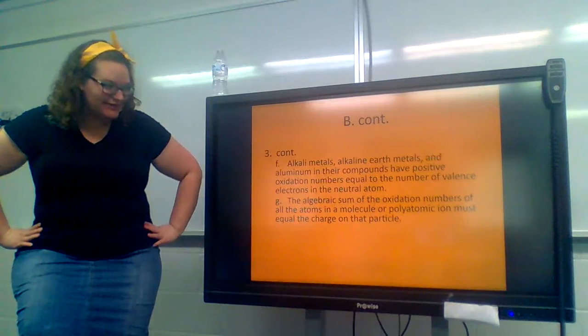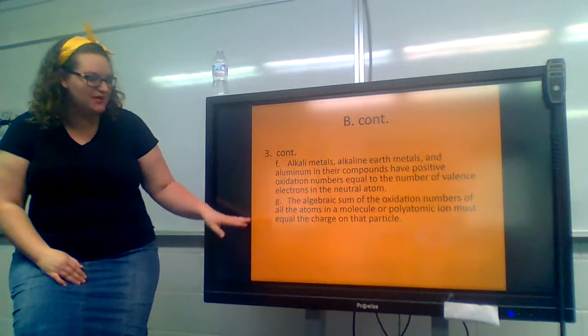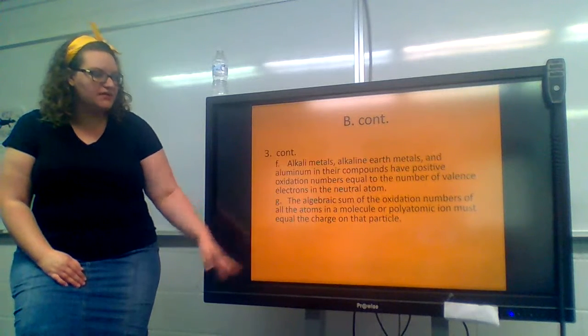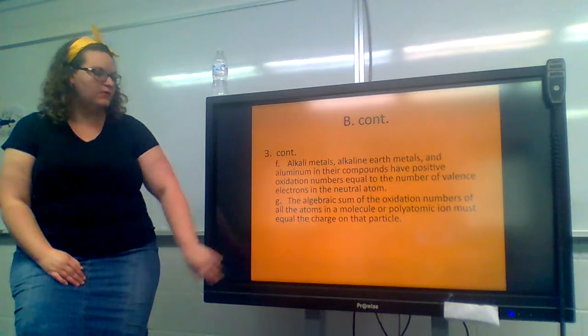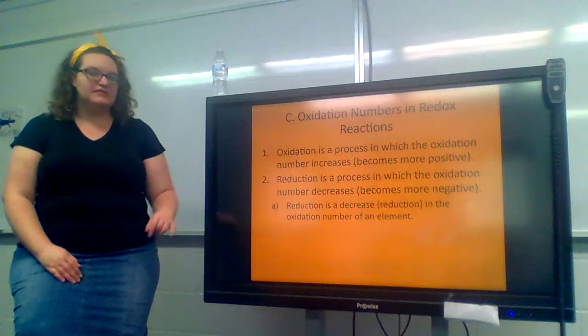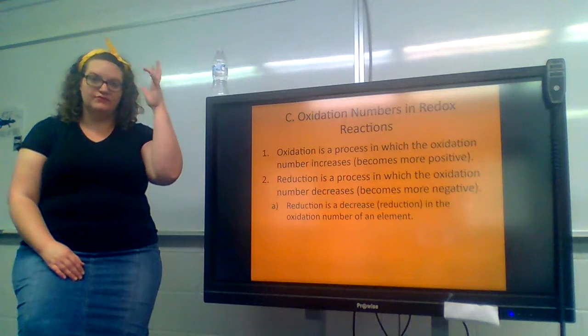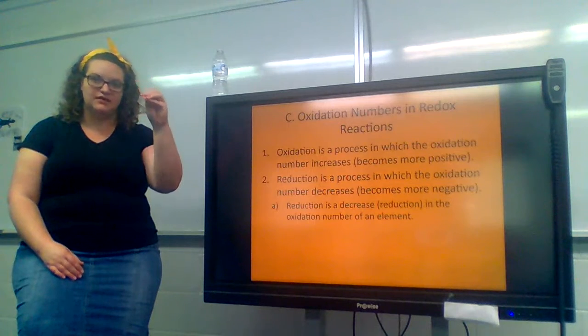The algebraic sum of the oxidation numbers of all the atoms in a molecule or polyatomic ion must equal the charge on that particle. Like I said, I just want you guys to be familiar with those and have a little bit of basic knowledge with them.